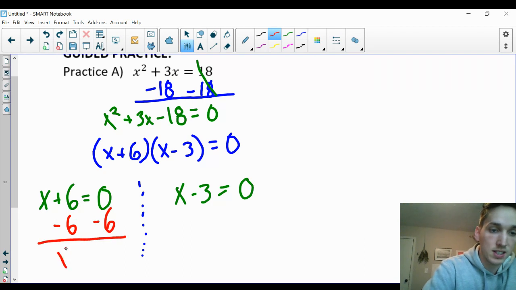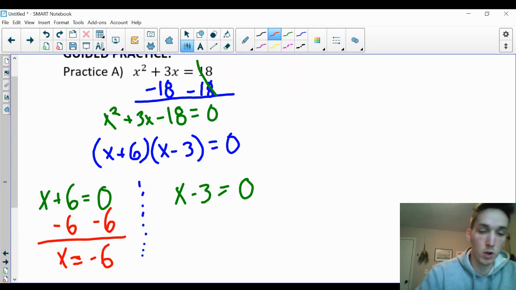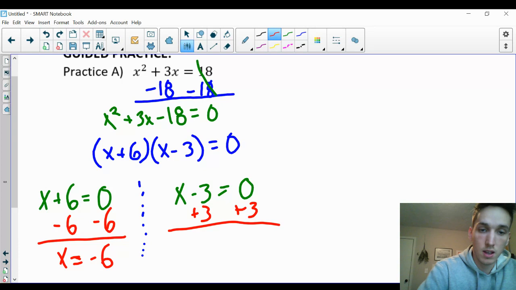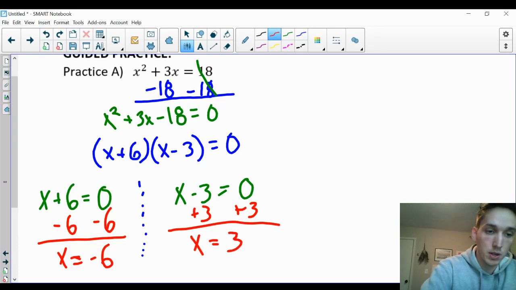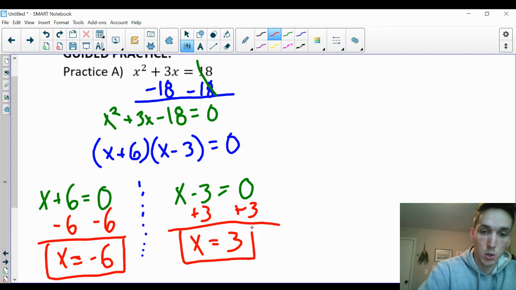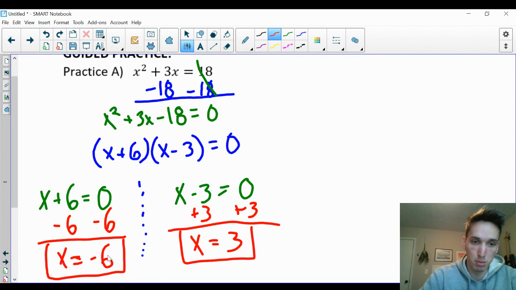And I've got x equals negative 6 for one of my solutions. For this right equation, I've got to add 3 to both sides. And I've got x equals 3. So here are my two solutions for this quadratic equation. If I plug in negative 6, I should get a true statement. If I plug in 3, I should get a true statement.